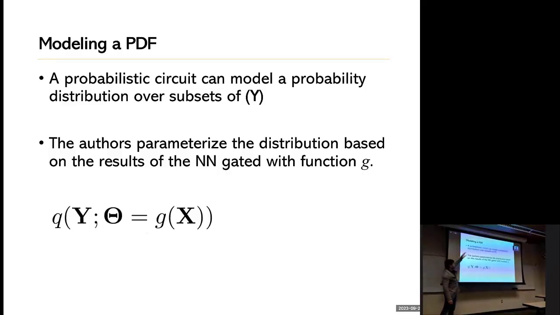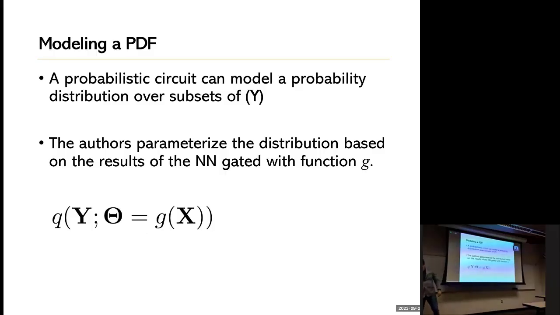So a probabilistic circuit can model a probability distribution over subsets of labels, and they parameterize it based on this function G, and G is applied to the last layer of the neural network. So remember, we're getting rid of the output layer, so that stuff has to go somewhere. So it goes to this function G. So what is G?